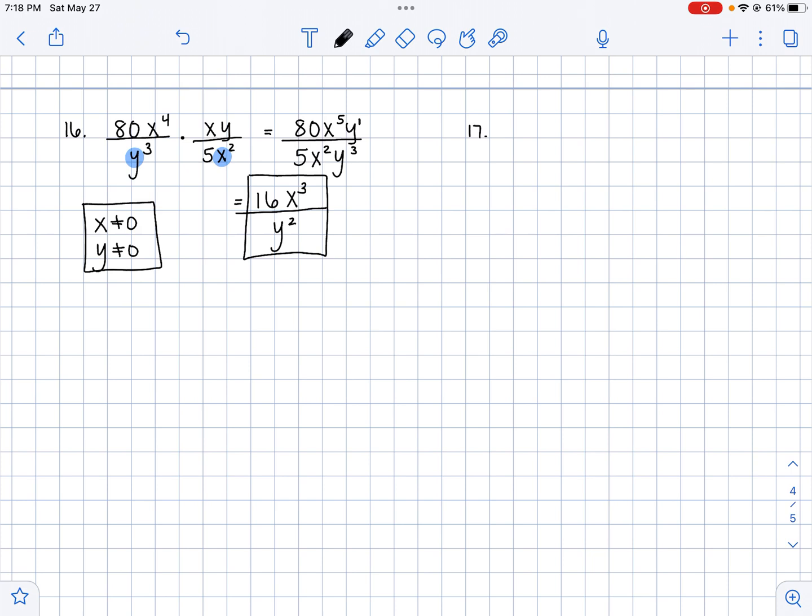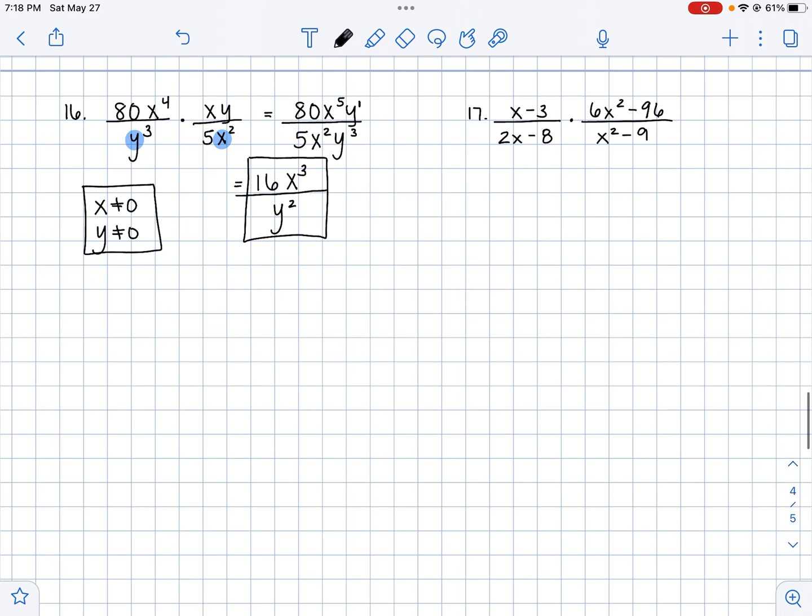Number 17. So x minus 3 divided by 2x minus 8 times 6x squared minus 96 all over x squared minus 9. So I'm going to factor as much as I can. So I'm going to get x minus 3, that stays.